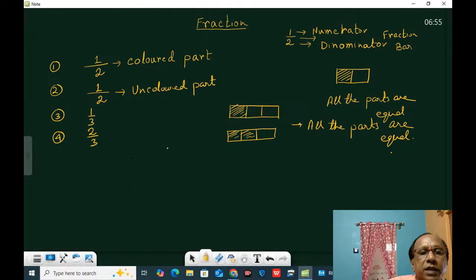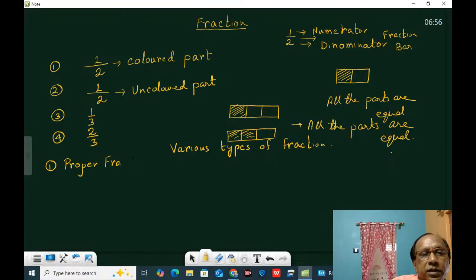Now we have various types of fractions, right? What are the various types of fractions that I am going to discuss? First one, what we call proper fraction.